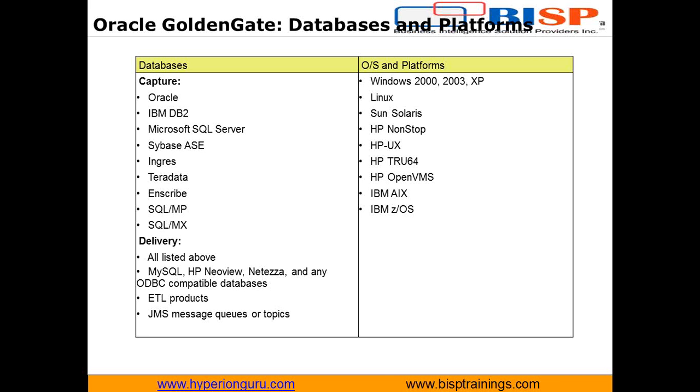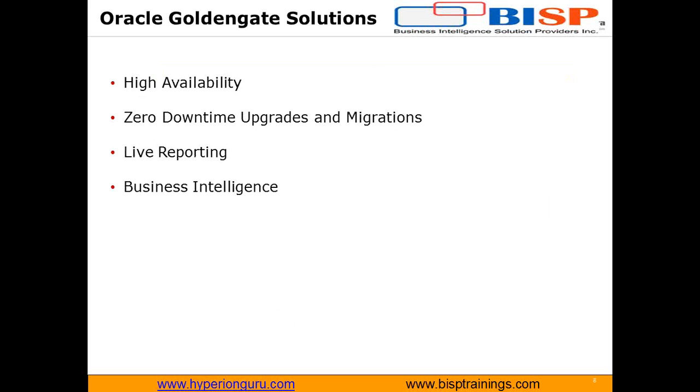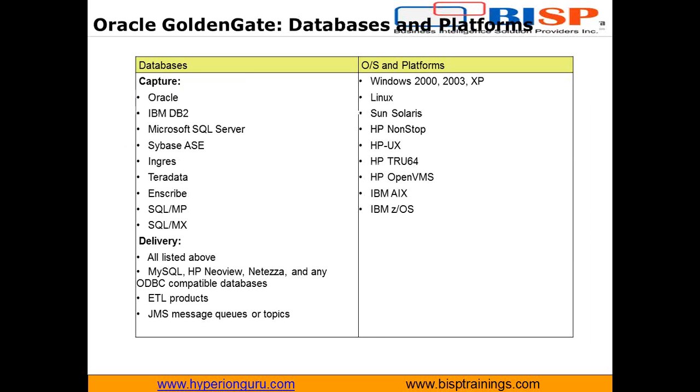Now, so far we have been discussing that it supports heterogeneous environments. By heterogeneous environment, we mean that it works on heterogeneous databases and heterogeneous platforms. Heterogeneous databases means it not only works on your Oracle database, it works on non-Oracle databases as well.